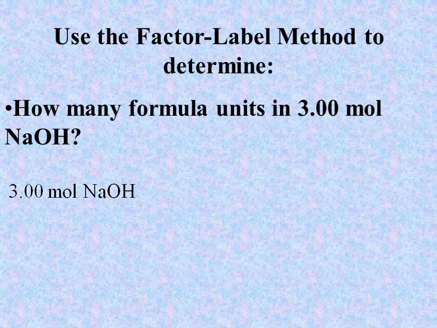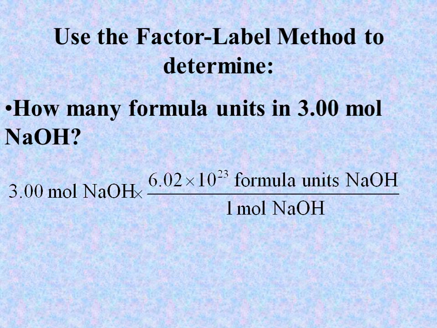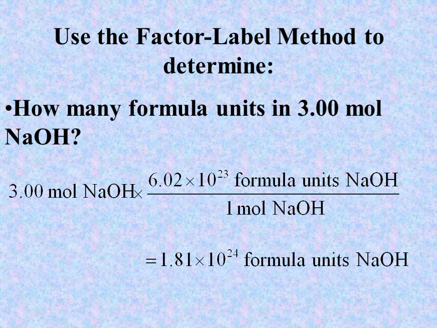So the conversion between moles and units is Avogadro's number. We want the moles to cancel out, so we're going to put the 1 mole NaOH on the bottom, Avogadro's number on top, and when we cancel the units and solve, correcting for proper scientific notation, you should get 1.81 times 10 to the 24th units sodium hydroxide.